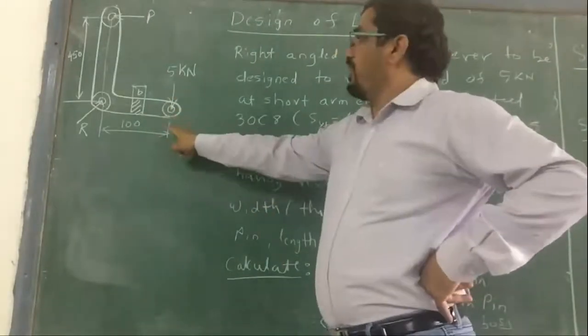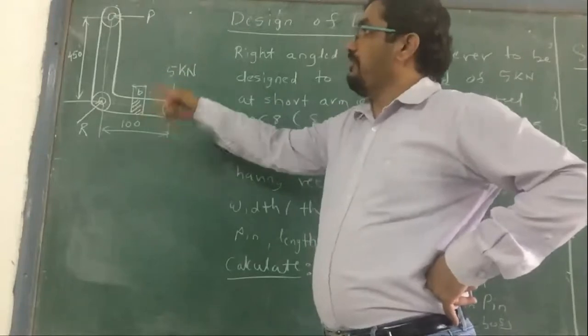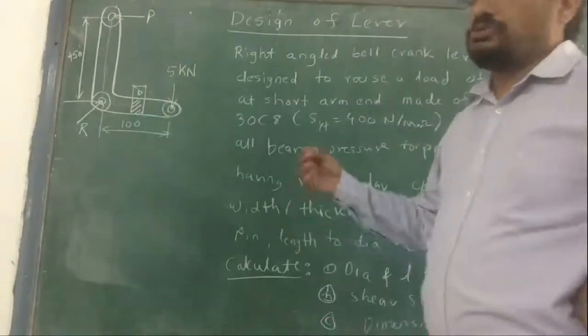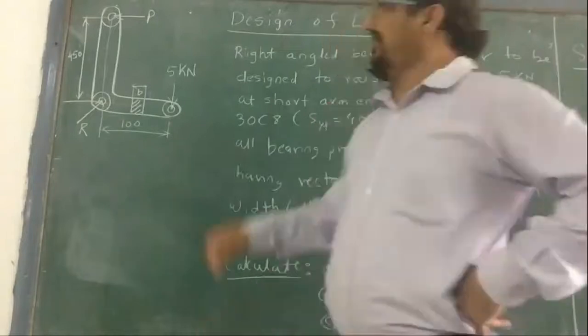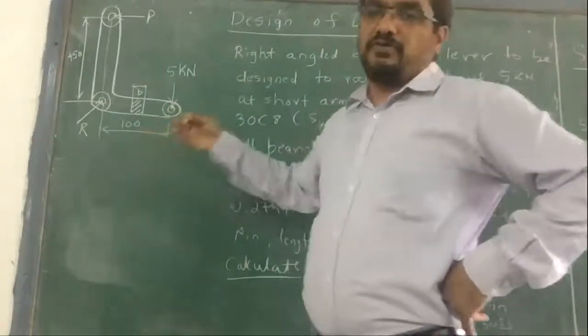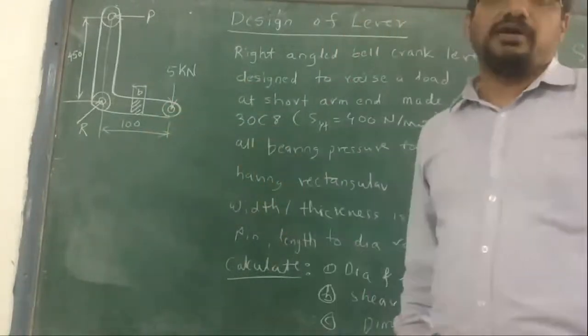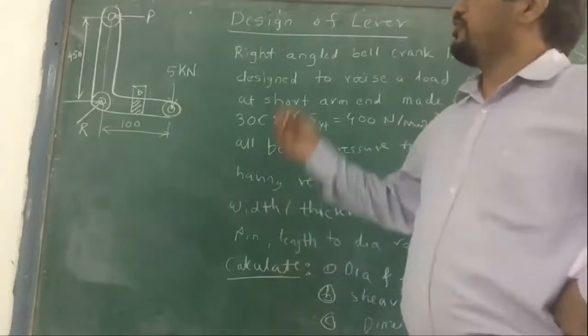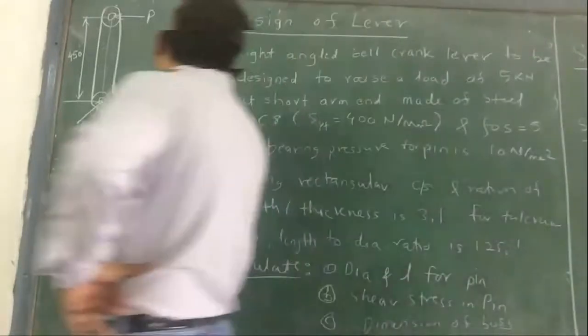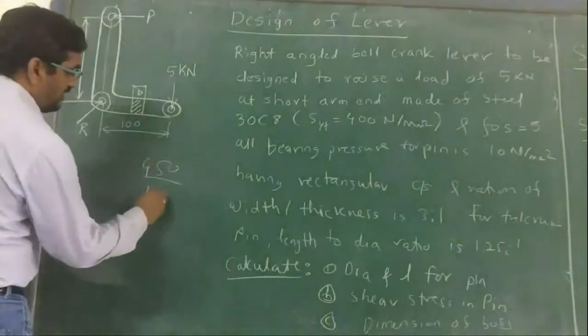So whatever load we are going to lift, we will need 4.5 times less effort. Or, considering the effort, we can lift a load which is 4.5 times as large, because it is 450 upon 100.